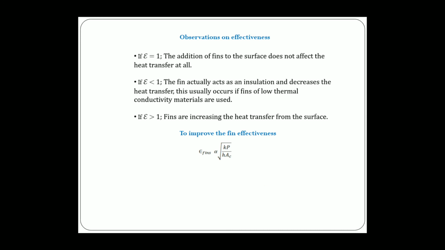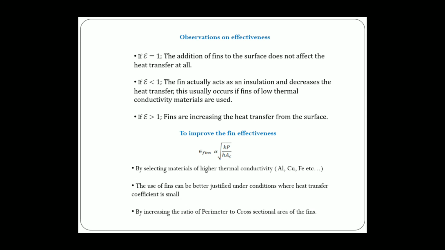In all cases, that square root of kP by hAc is coming. So effectiveness can be increased by increasing the k value. If you select materials with a higher thermal conductivity, effectiveness can be increased. So you will use metals with higher thermal conductivity like aluminum, copper, iron. Usually aluminum is used as the fin material because of its light weight, corrosion resistance, cost, etc.